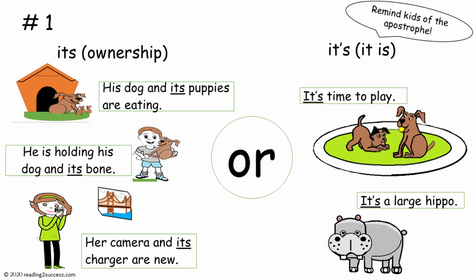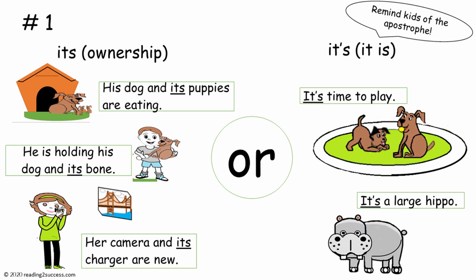They belong to the dog. The second one, he is holding his dog and its bone. Its refers to the owner, the dog. It is the dog's bone. Her camera and its charger are new. The charger belongs to the camera. It is the camera's charger.